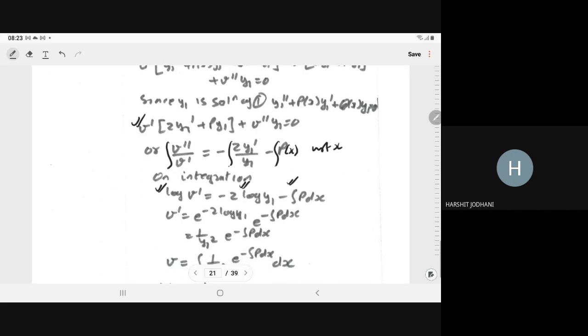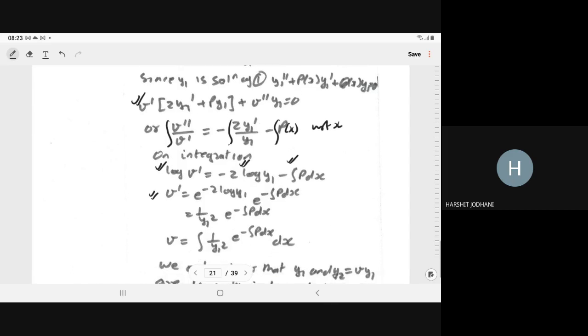So from here v dash will be e to power minus 2 log y1 e to power minus integral of the p dx, and that can be written as 1 upon y1 square e to power minus integral p dx. So what is the value of v?